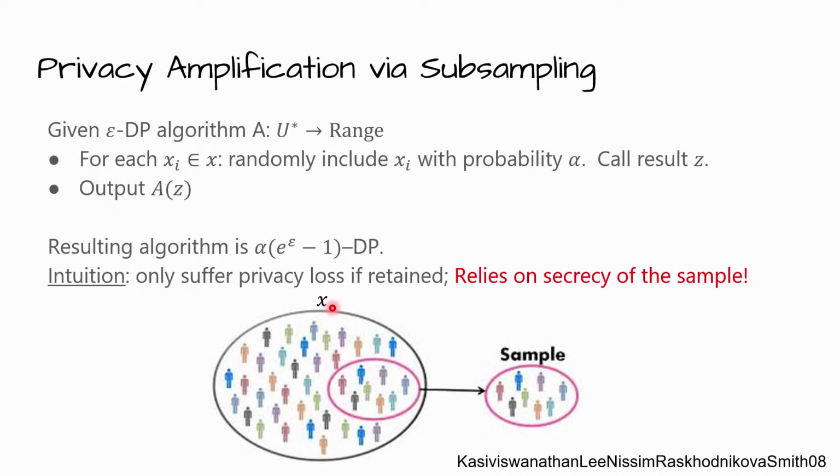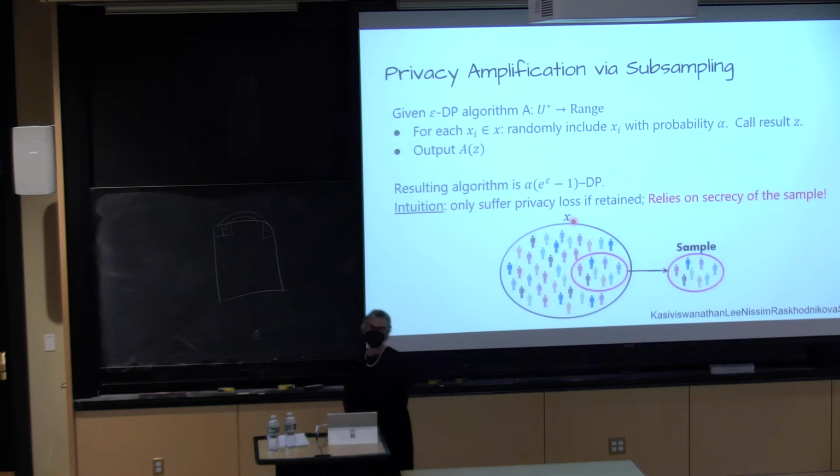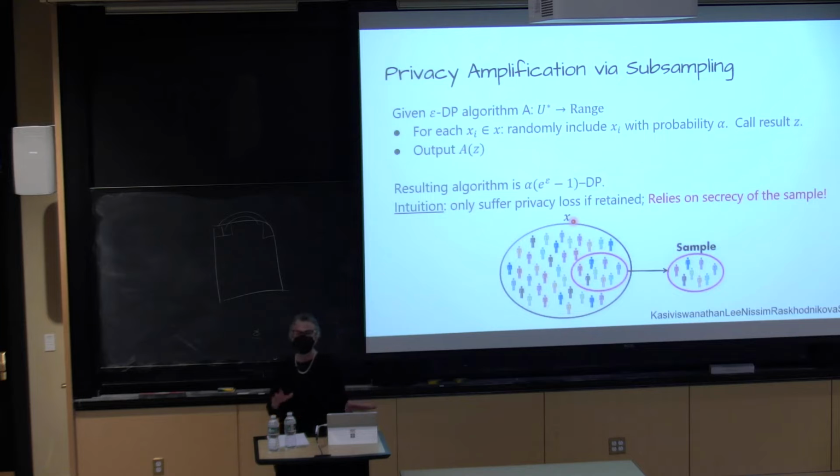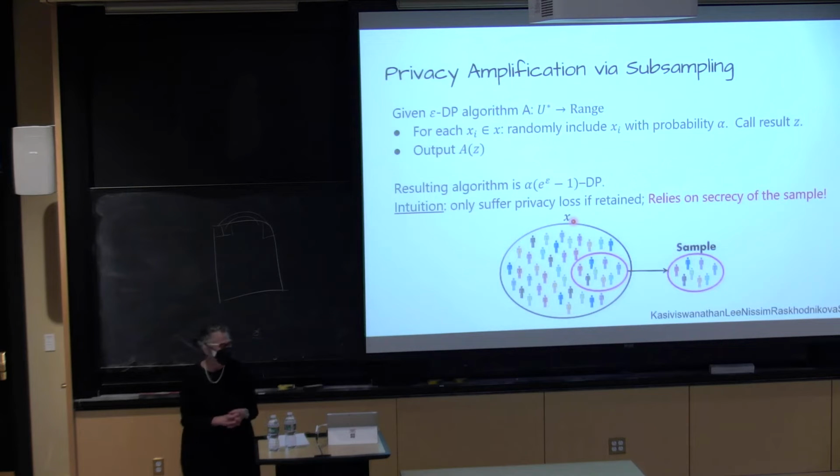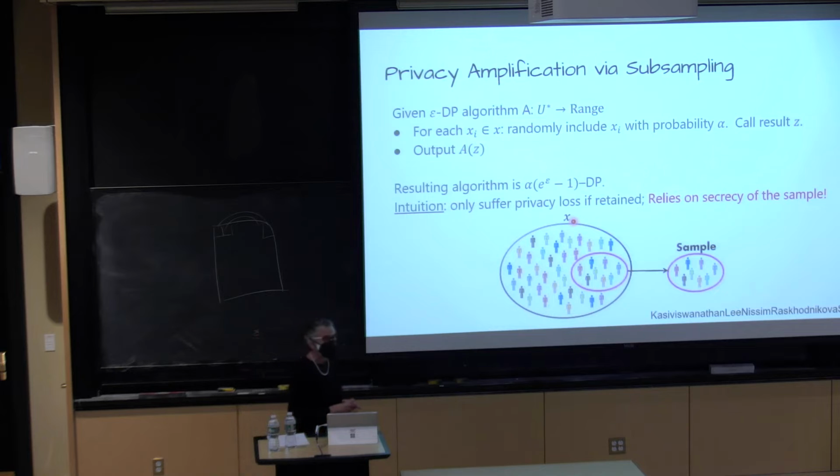Suppose we have a pure differentially private algorithm. What I'm saying also has a life in the epsilon delta world, but let's just focus on pure. So my algorithm maps data sets to some range. Now consider the following modification of the algorithm. For each element in my data set, independently, I'm going to flip a coin that has probability alpha of coming up heads.